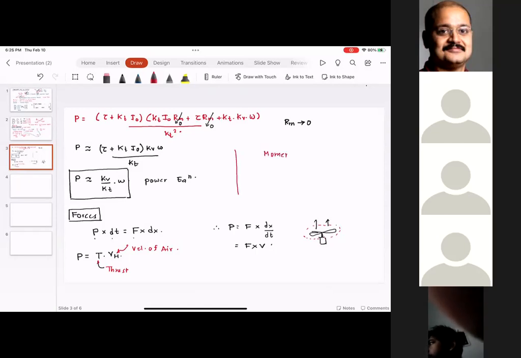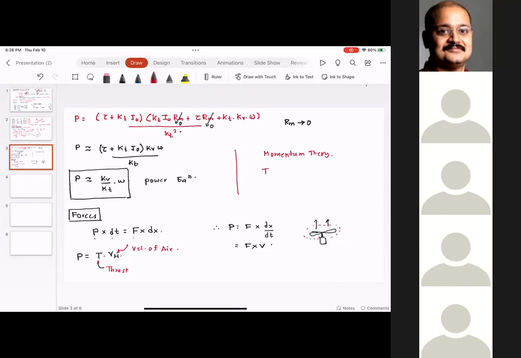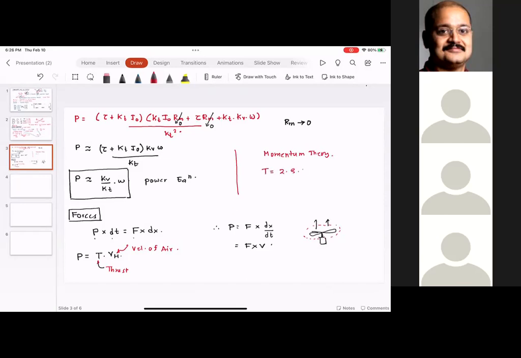From momentum theory, the aerodynamics momentum theory, thrust is equal to 2 times rho times A times Vh square, where rho is the density of the air, A is the area, and V is the velocity.